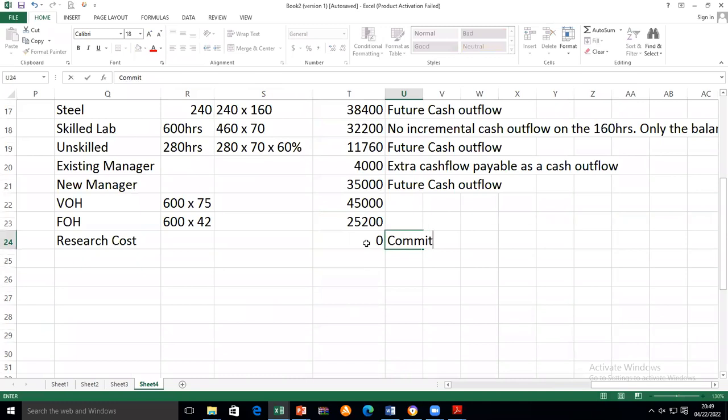Committed cost. I think the 3,000 is a sunk cost. So the 3,000 is a committed cost. Whether you are going to consume the service or not, you haven't yet paid, but you have consumed the service. So we can't put it here.